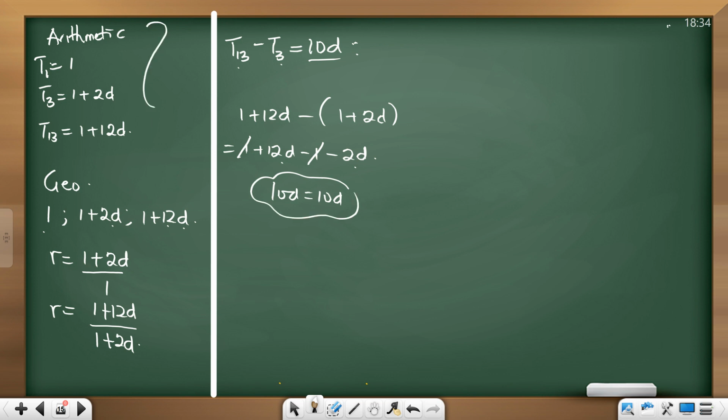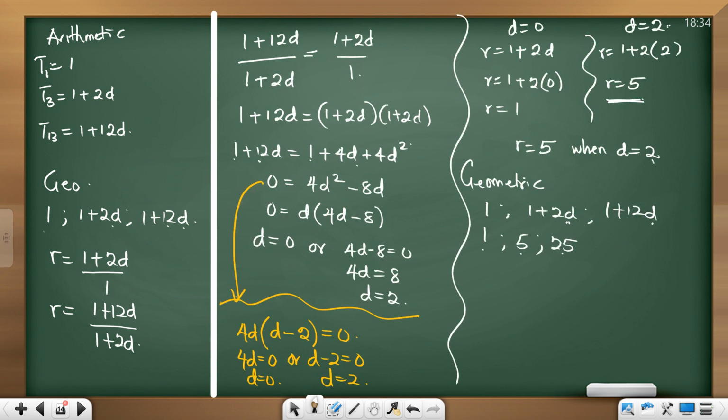So I am stuck here, which means my other way is to go through the geometric one. So what did we do? It's a ratio. We know that T3 over T2 equals T2 over T1. We're good? Do I know my T3?